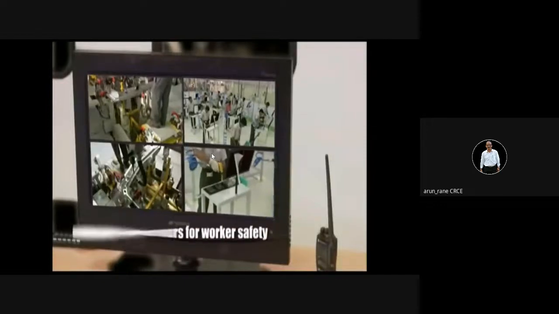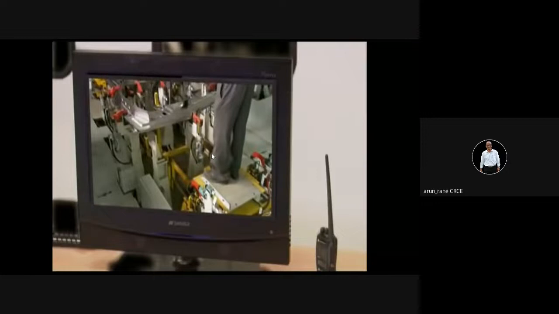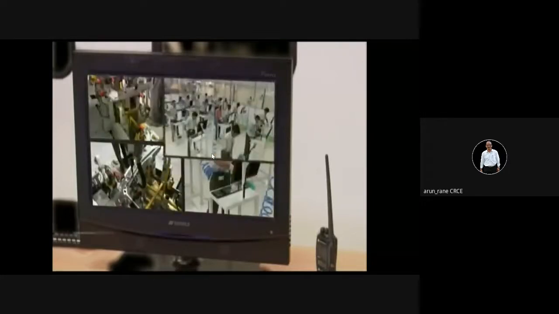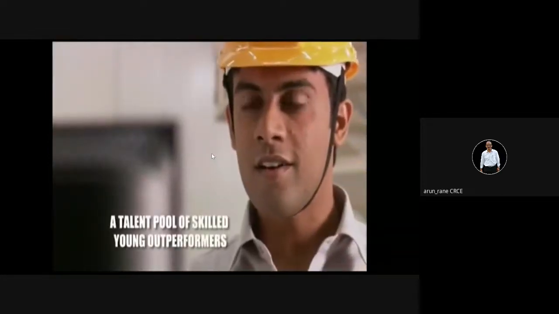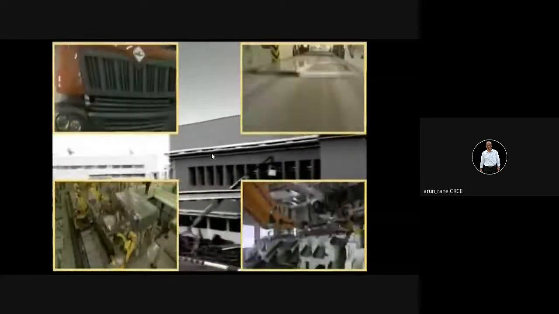This facility is not just designed for machinery, but also for the comfort and safety of employees. That's why we attract a young, energetic, and passionate workforce. But here's the best part. All this is eco-friendly too.